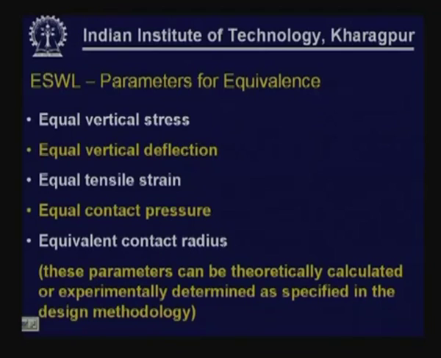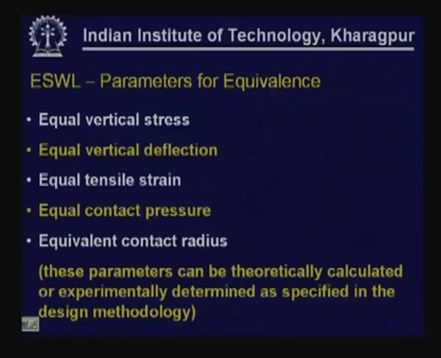The parameters of equivalence can be, as I just indicated, some of them: equal vertical stress. Equivalent single wheel load will have to produce the same magnitude of vertical stress as would be produced by a set of wheel loads. It may be in terms of equal vertical deflection, it can be in terms of equal tensile strain, equal contact pressure, equal contact radius.